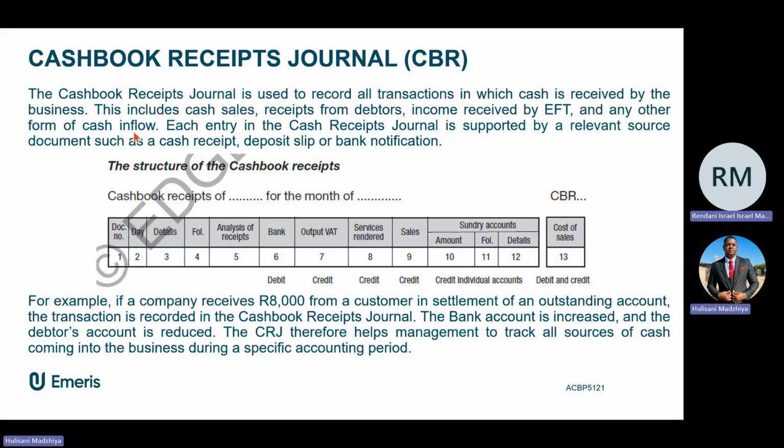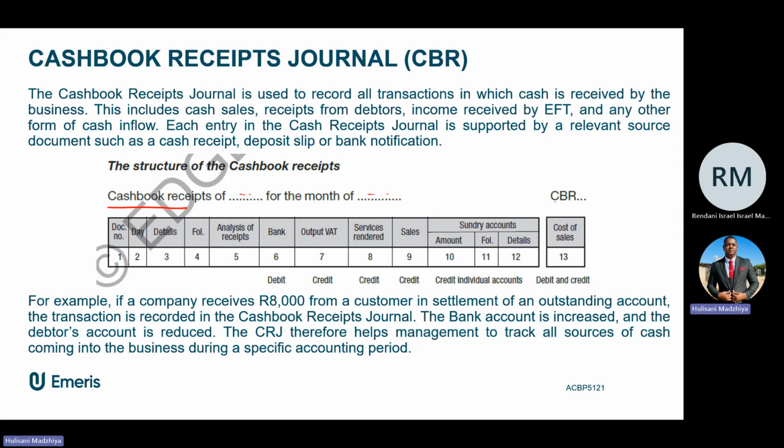Okay, so this is a cash book receipt. On top there will be a heading that indicates cash book receipts of, and you write the name of the company. For the month of, you write the month.